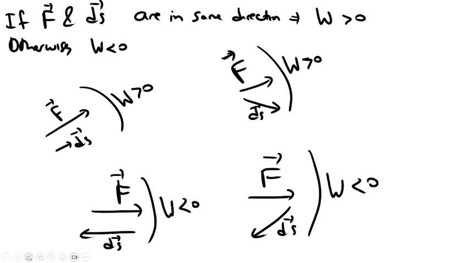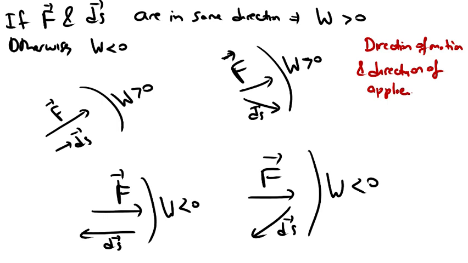So in simple terms we can say that, the direction of motion and the direction of applied force, if they are in the same direction we have the work greater than 0, otherwise the work is less than 0.